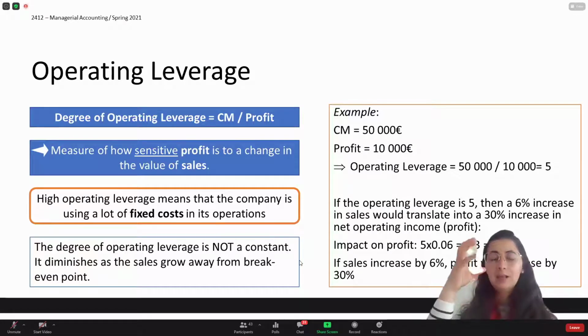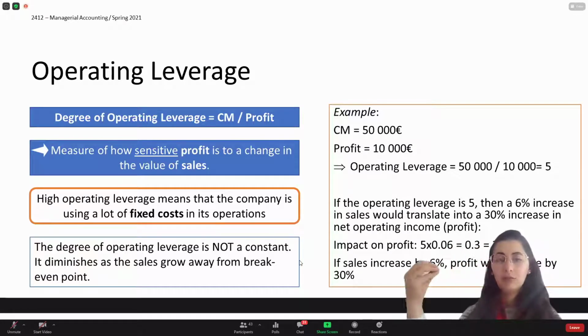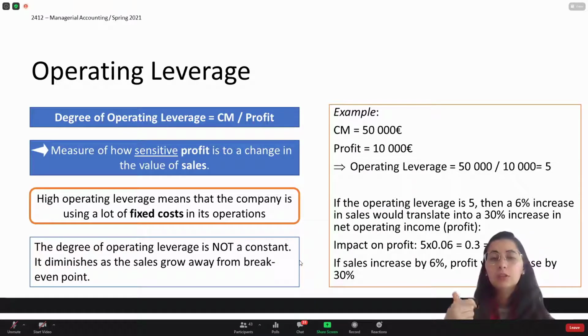Both of them depend on the level of activity, and we divide it by profit. When we look at profit, profit takes into account the fixed costs. Fixed costs do not change with changes in the level of activity. Therefore, as we move away from the break-even level of activity, the degree of operating leverage diminishes, decreases. Okay?